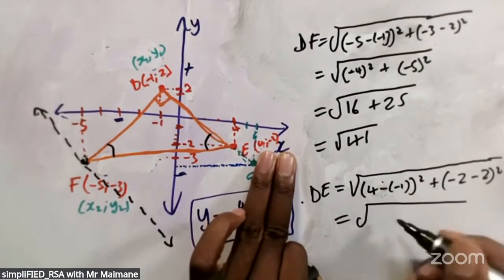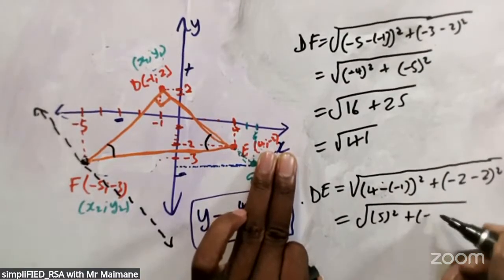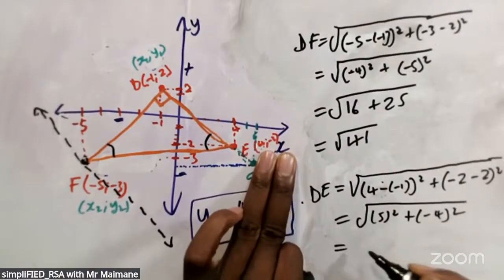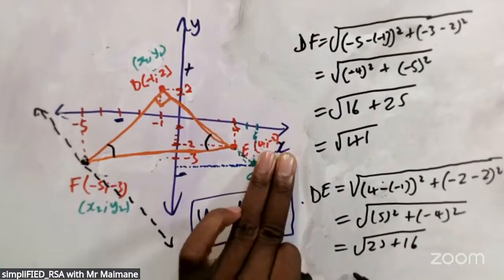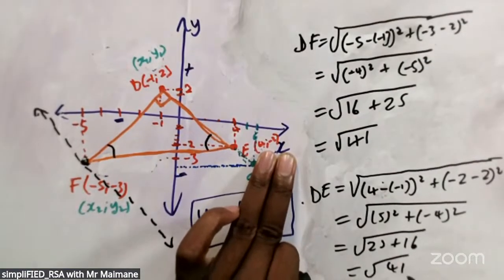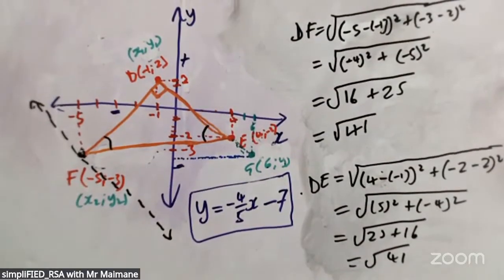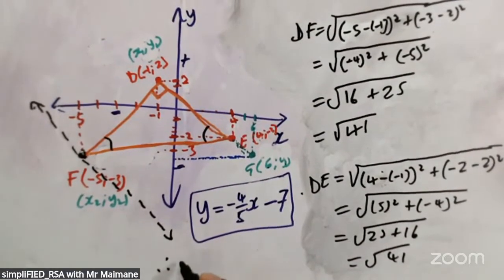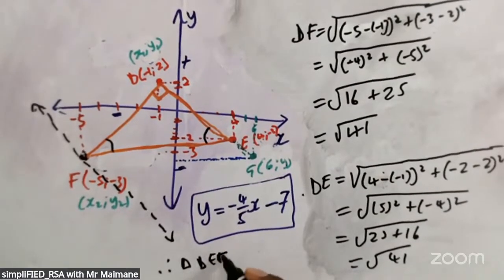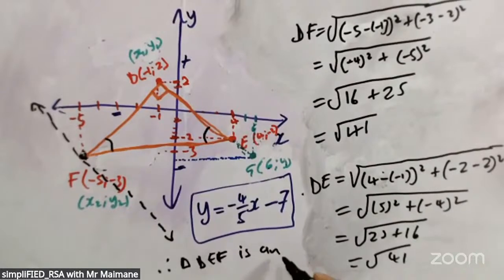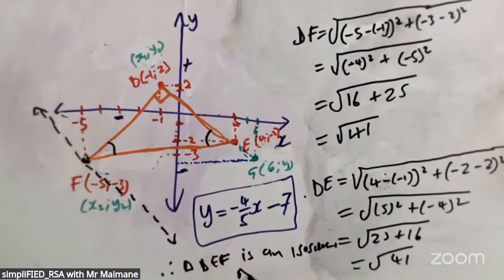Therefore, this is the square root of 5 squared plus minus 4 squared. We already see where this is going. 25 plus 16, square root of 41. So we have proved that DF is equal to DE. Then that's when you would say, therefore, triangle DEF is an isosceles triangle.